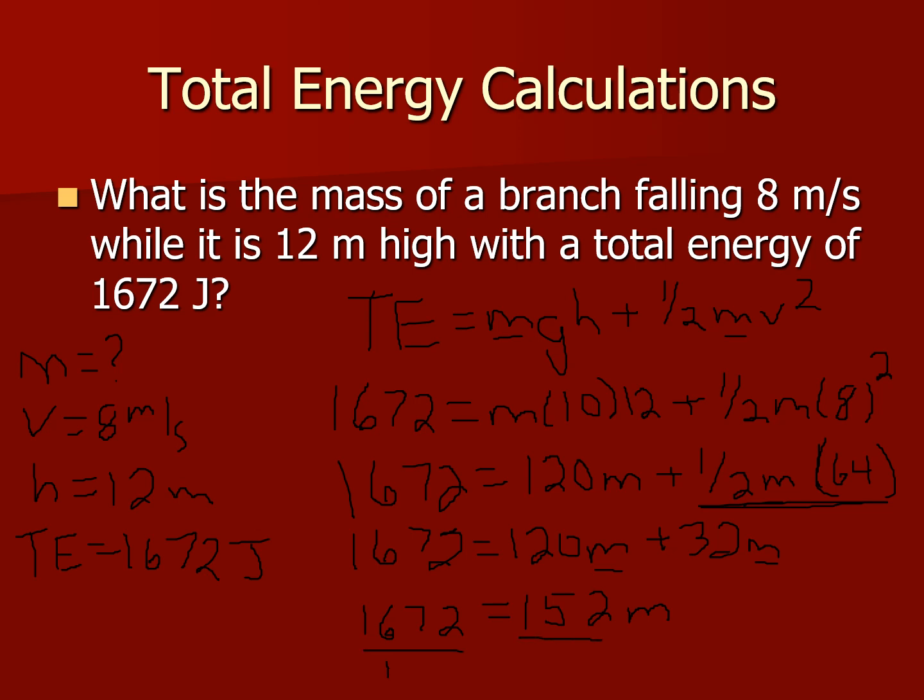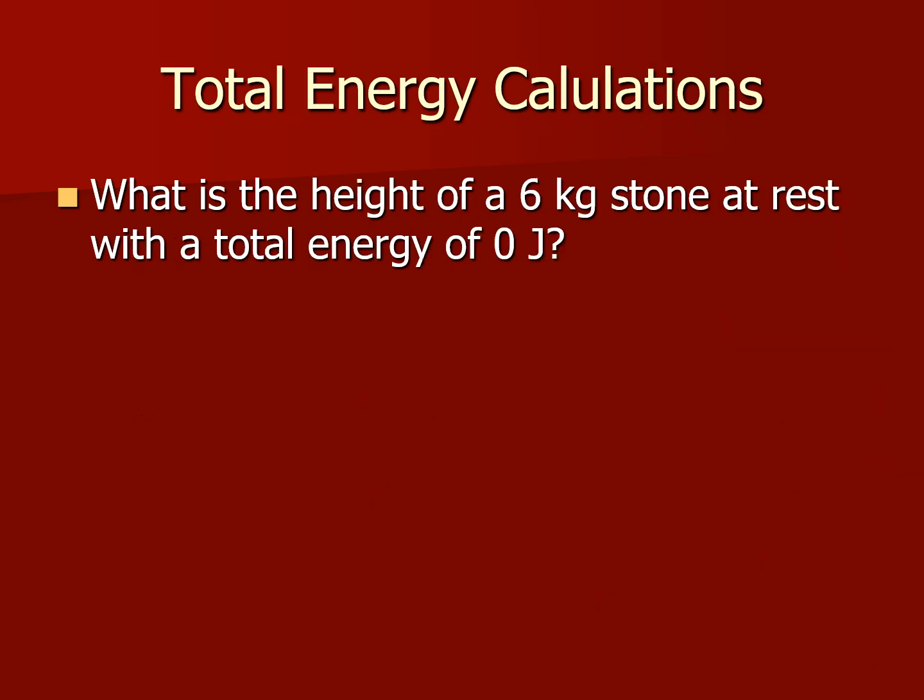You divide by the number in front of the variable. And that would be 11 kilograms is the mass. Again, nothing crazy. You can do this. Once you know how to do this, guys, you can only solve for mass, height, or velocity. And we just did a problem on each of those. So you can't get any trickier than that.